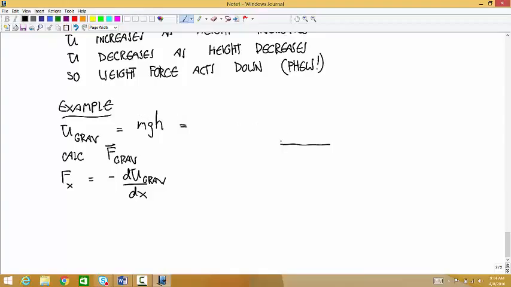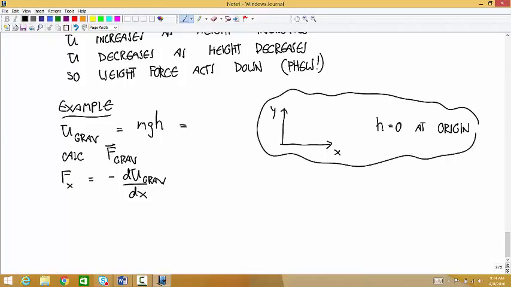Let's choose a coordinate system like this. And I'll choose h equals 0 to be at the origin, just to make this simple. And so with this choice, we can rewrite our gravitational potential energy as mgy.